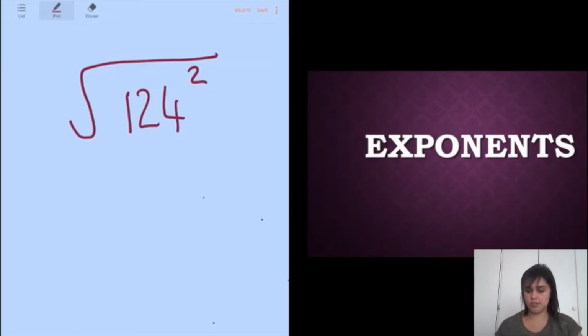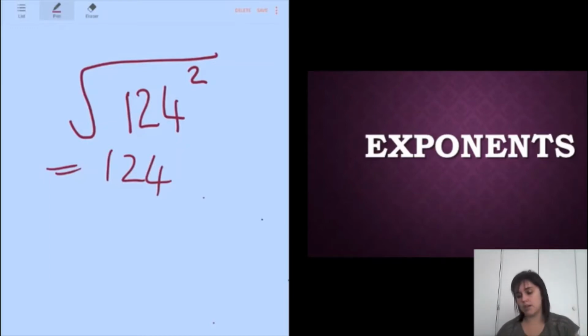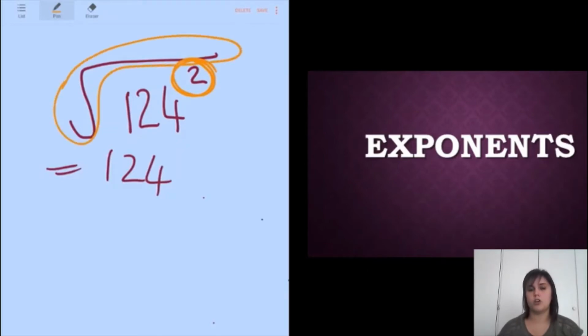So the answer for this question will be 124. I don't have to go and calculate what 124 times 124 is and then try and get the square root. It's going to take you forever. You know already that the square number and the square root are inverse operations.